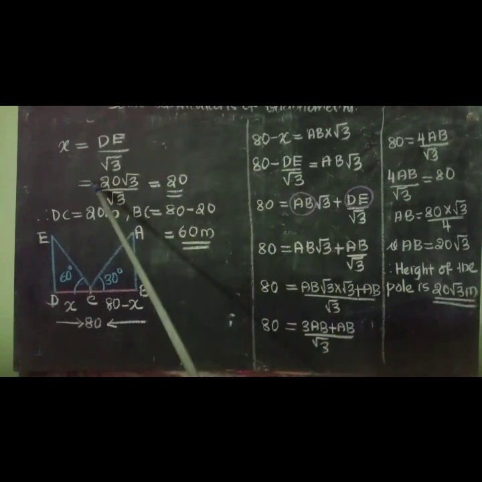So, x equal to 20 root 3 divided by root 3. Root 3 and root 3 we can cancel and we get x equal to 20. So, we can conclude DC equal to 20 meter. Then BC equal to 80 minus x. That is equal to 80 minus 20 equal to 60 meter. Therefore, the distances are 20 meter and 60 meter.